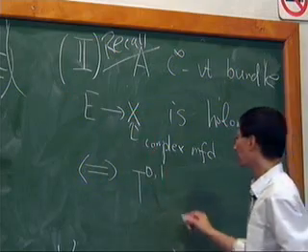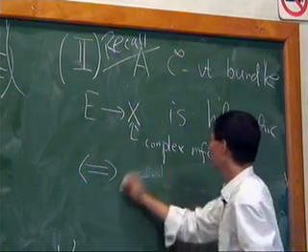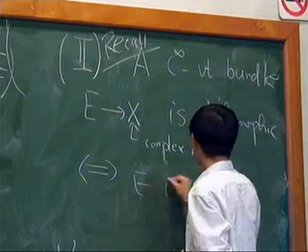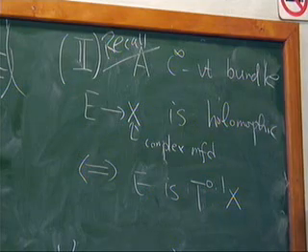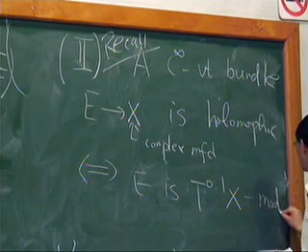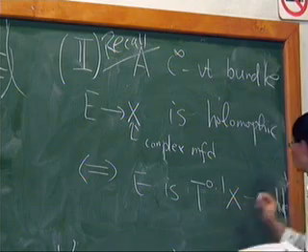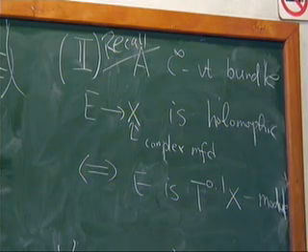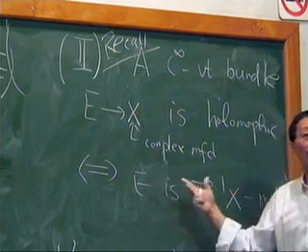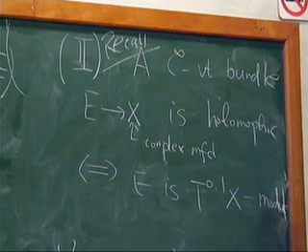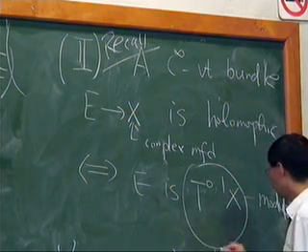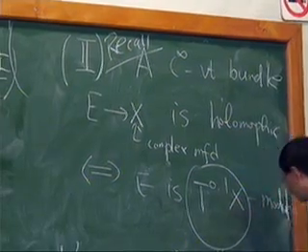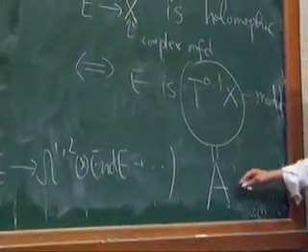In other words, E is a T01 module, and when I write this, it really means a T01X module. Basically, a module just means to have a connection over here. And what is T01X? If I write this A, this is just a Lie algebroid. So this guy is a Lie algebroid.